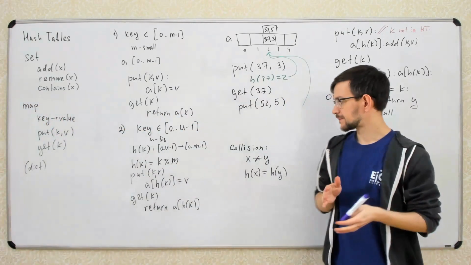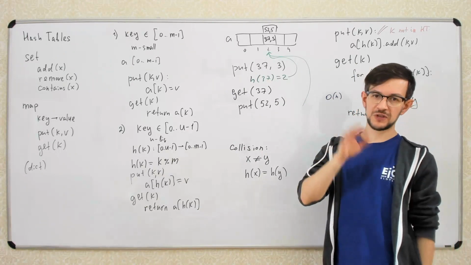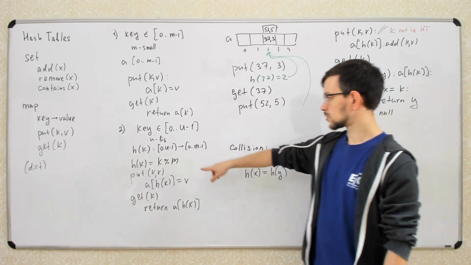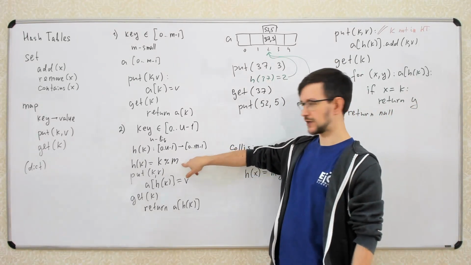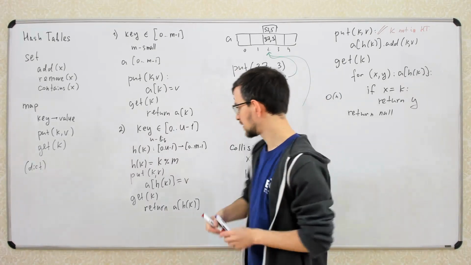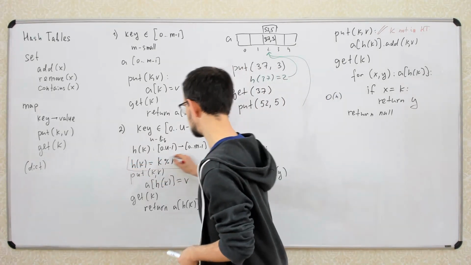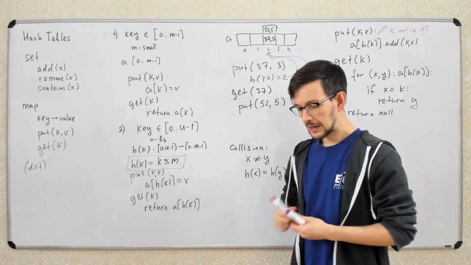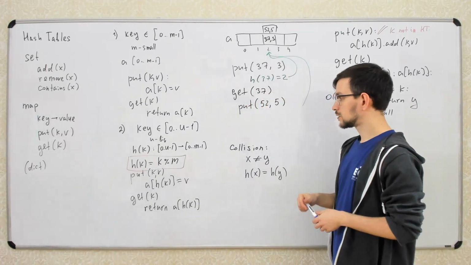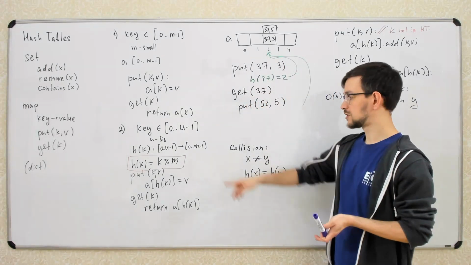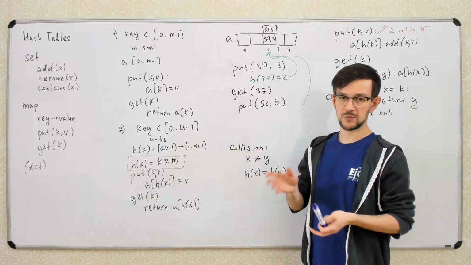So what happens if you have some fixed hash function here? If I just define this hash function is this, you create a hash table, use this hash function, and think everything will be good.